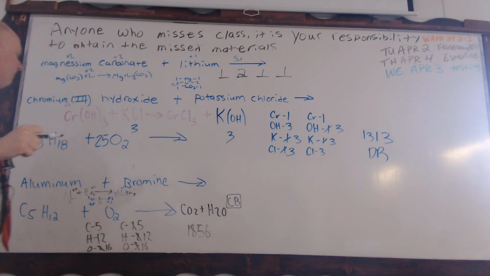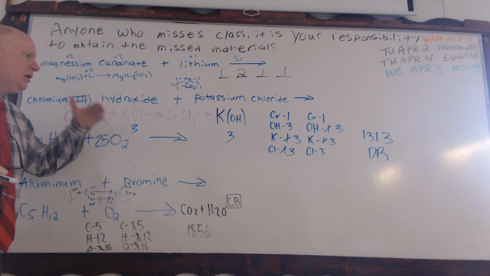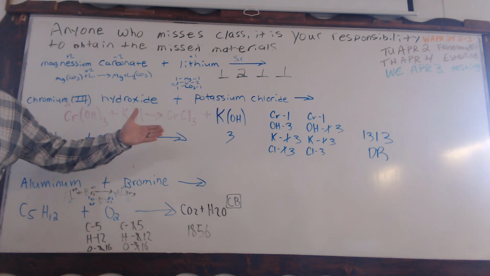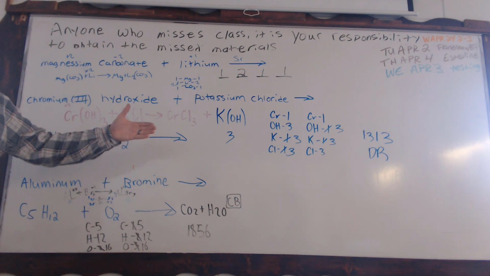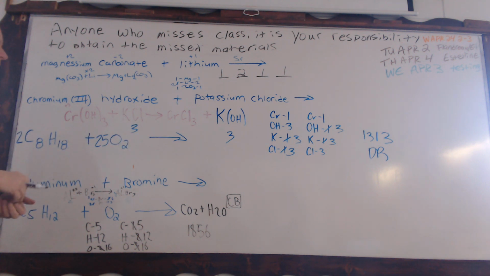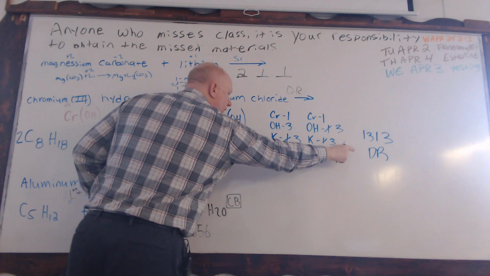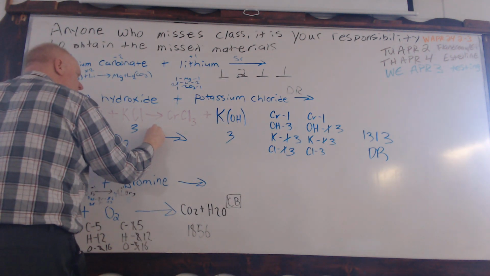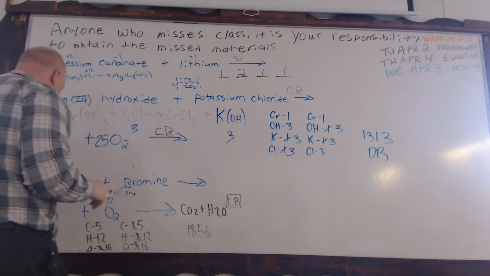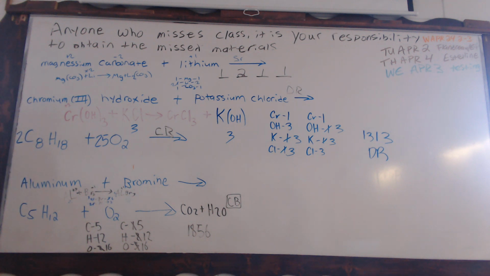Okay, so if we have a hydrocarbon, C8H18 plus oxygen, what type of reaction are we referring to? That is a combustion reaction, okay? So we'll go ahead and put this DR here, even though we're illustrating it there. This is a combustion reaction, okay? So why put this 2 in front here right away?